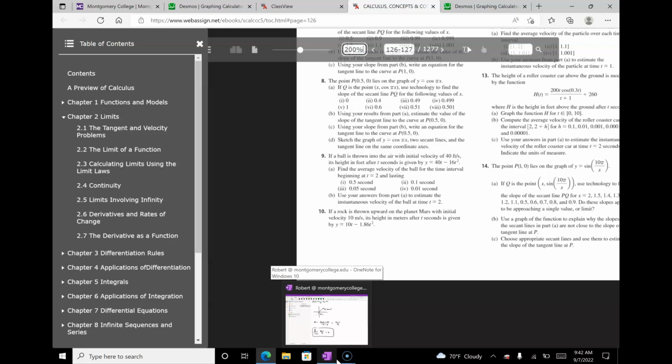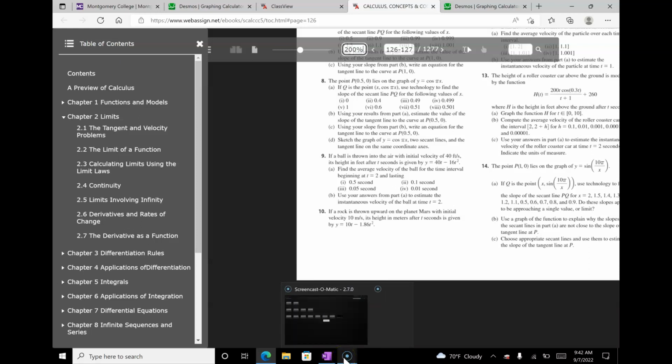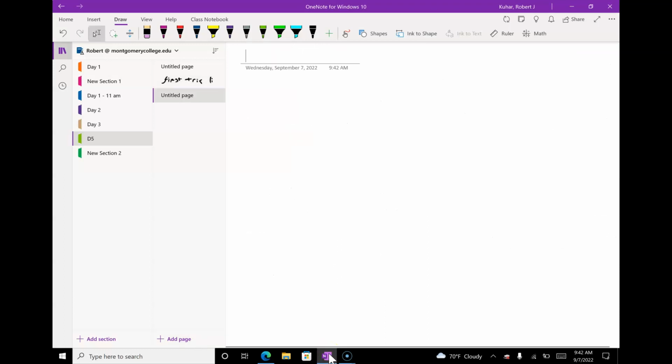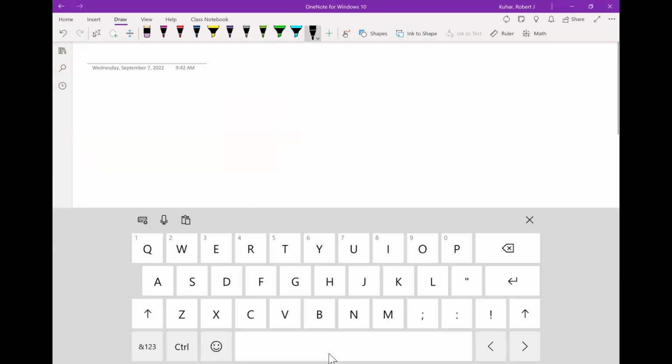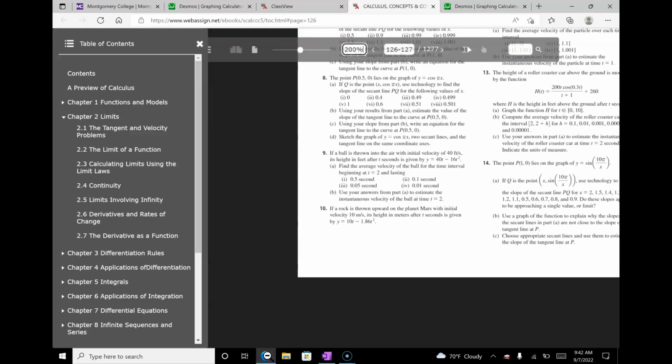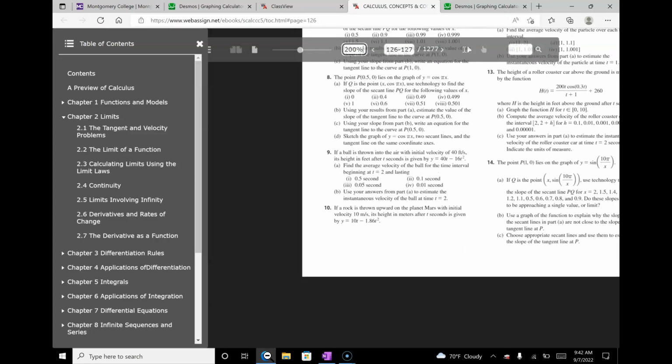I'm interested in what's going on with the ball at 2 seconds, right? And f of x is equal to, I'm going to use x, 40x minus 16x squared.